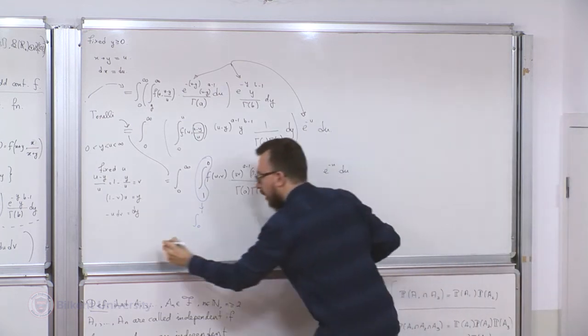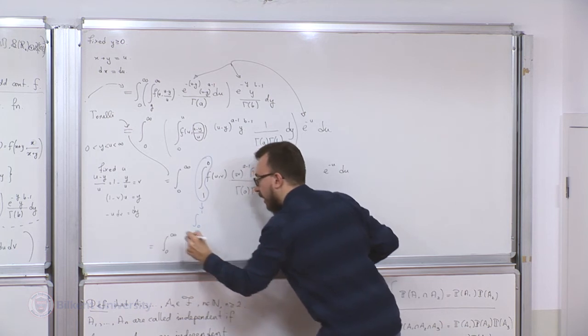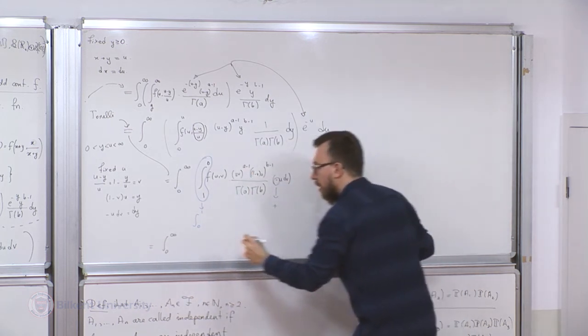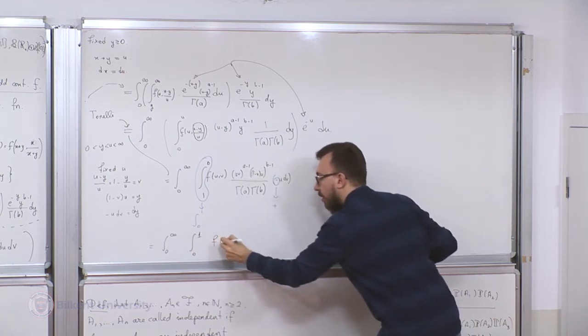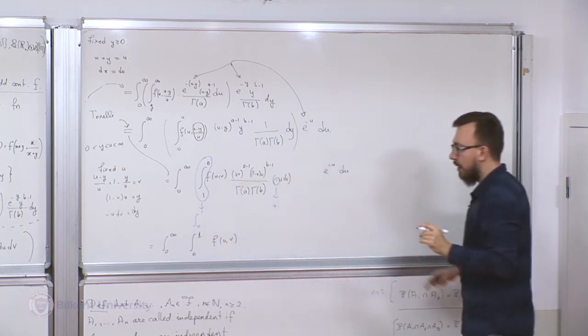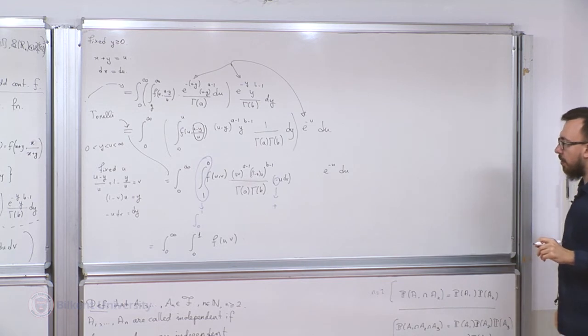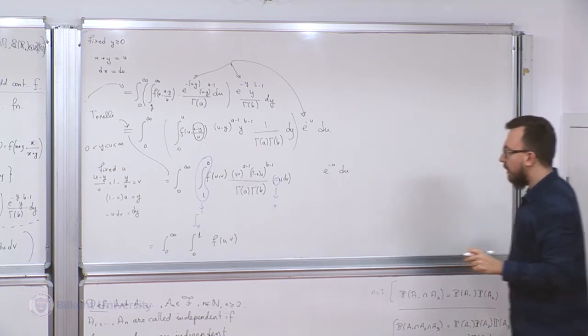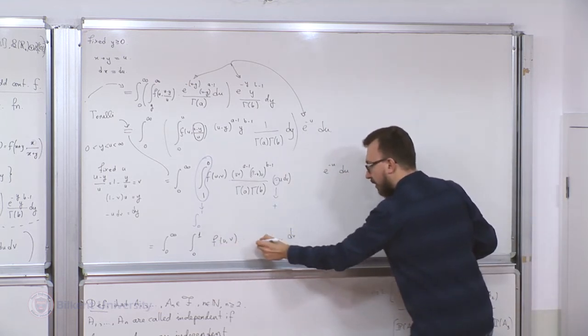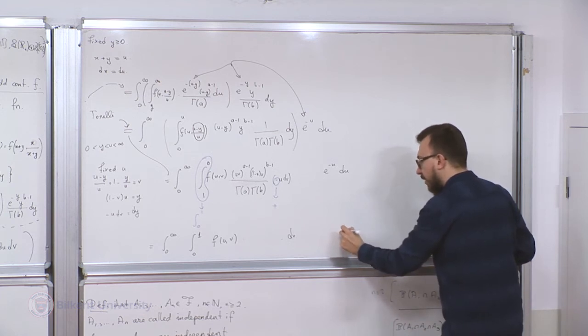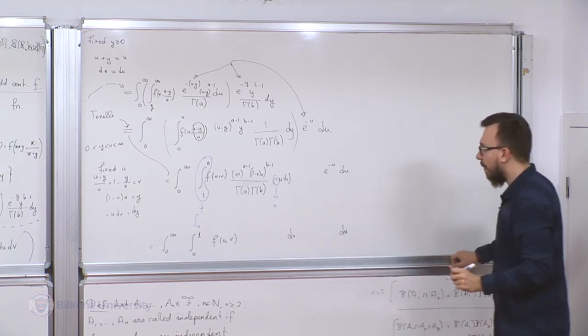So this is 0 to infinity, 0 to 1, f(u, v), okay? So this is my dv integral. So I need something here, okay? And this is my du integral. I need something here.